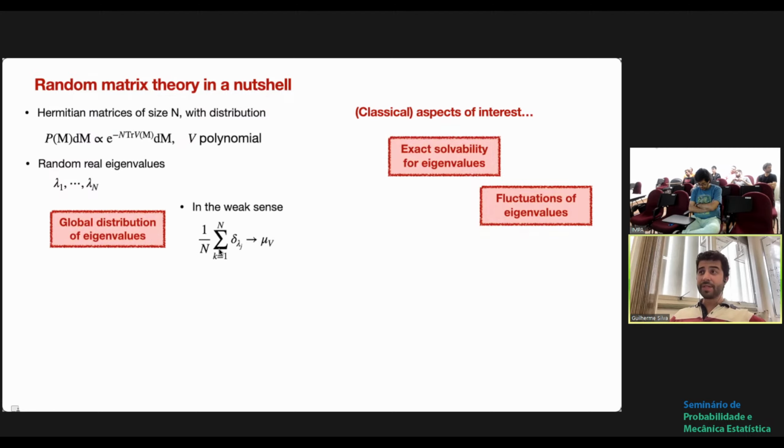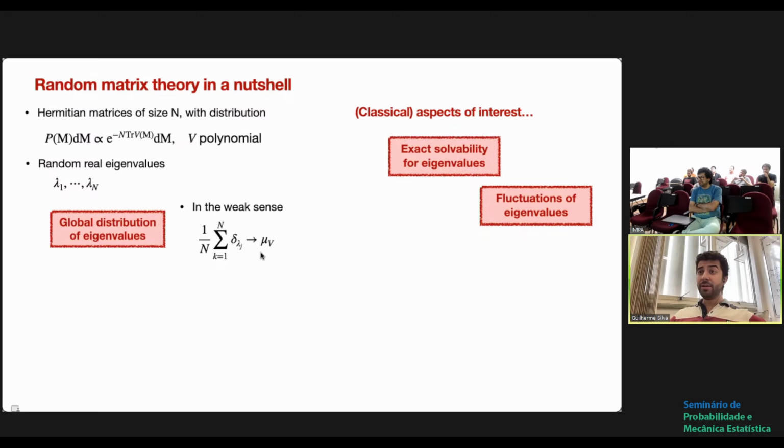It's a random probability measure that encodes the position of your eigenvalues. And what one can prove, essentially exploiting these interpretations of the determinantal point process, is that this random measure converges to a deterministic measure, which I'm denoting here mu of V. The measure is random, so take it as almost sure convergence in an appropriate sense.